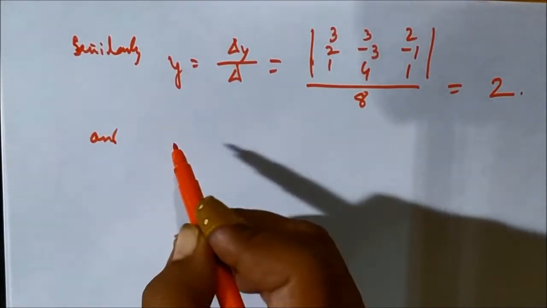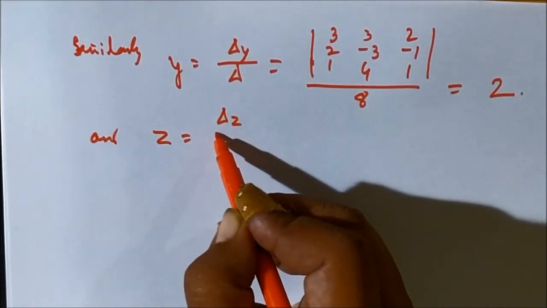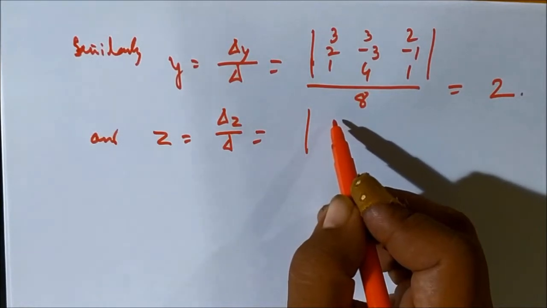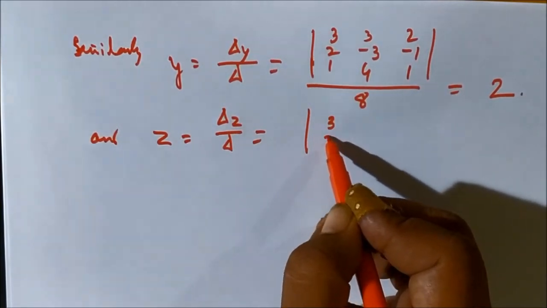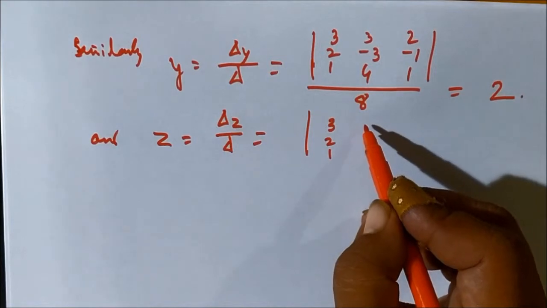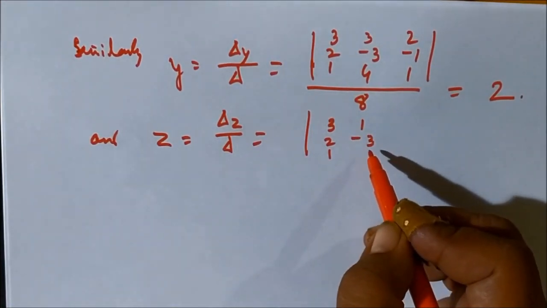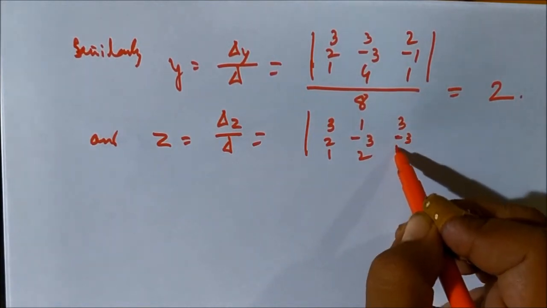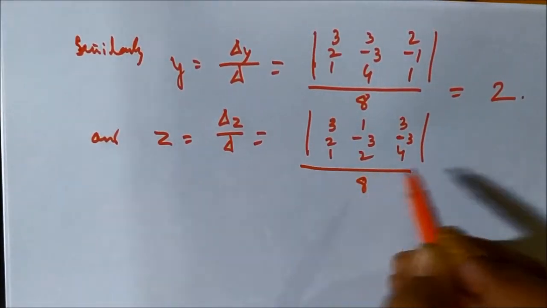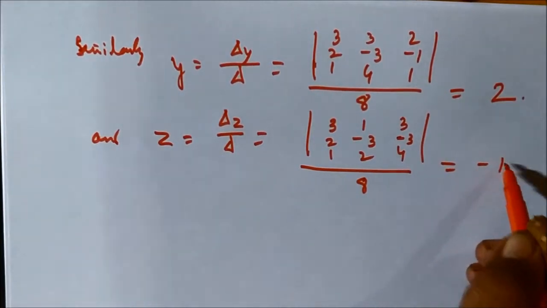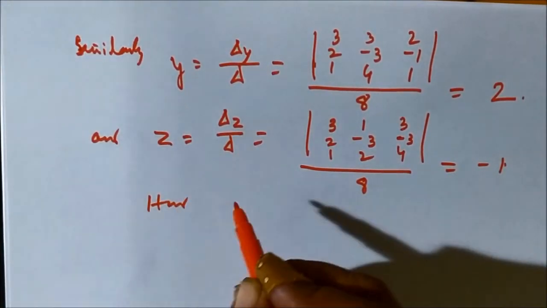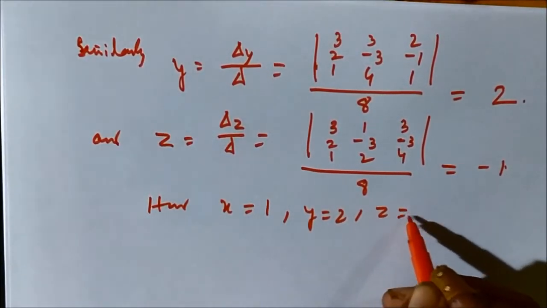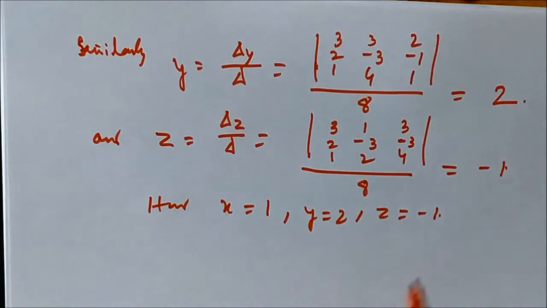And z equals delta z by delta, the determinant 3 2 1, 1 minus 3 2, 3 minus 3 4, divided by 8, and this becomes minus 1. Here x equals 1, y equals 2, and z equals minus 1, and this is the answer.